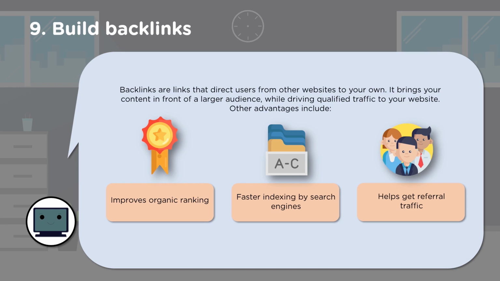We must think they're relevant, and therefore we're going to trust this site. So by Google trusting your site, it's going to improve your organic ranking. And with the organic rankings being improved, it's going to mean faster indexing. So what does that mean? So you want to be indexed by the search engines.